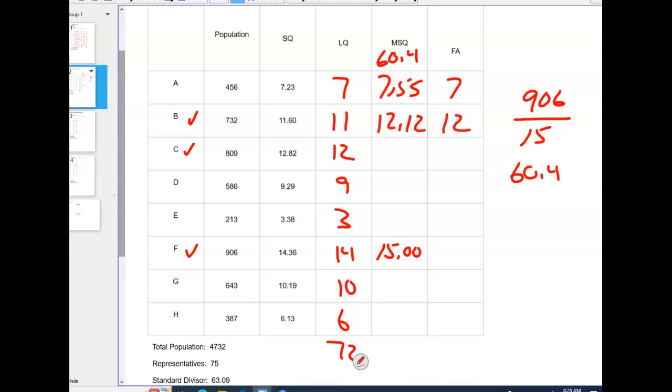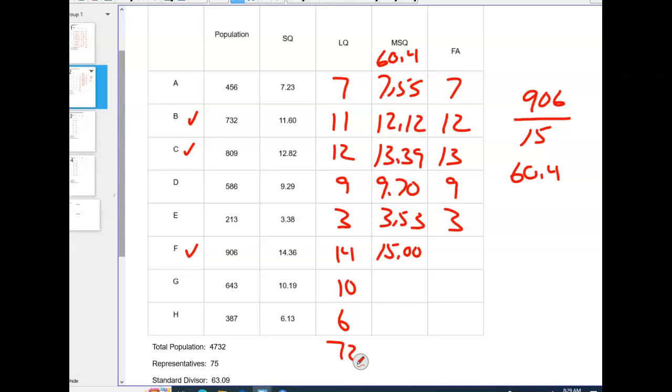That goes to 12. 809 divided by 60.4. That's 13.39. That goes to 13. 586 divided by 60.4. 9.70, and that goes to 9. 213 divided by 60.4. That's 3.53. That goes to 3.